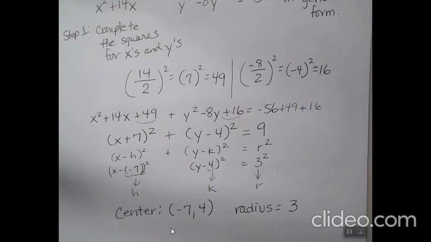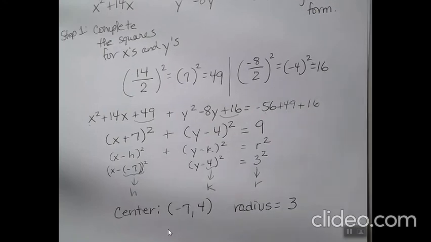Now, you could use the distance formula to see where the center would be if you're given 2 points. Okay, so we've got one more example, which is how do you find the center and the equation when all you're given of a circle is 2 points.